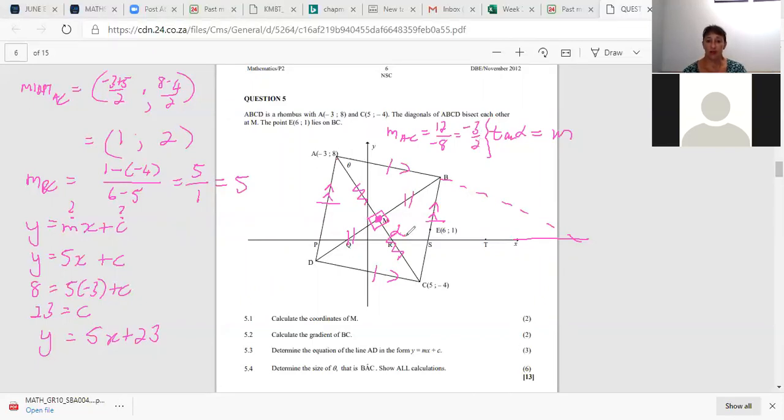So that's the gradient of AC. So tan alpha would equal minus 3 over 2. All right, and we don't put the negative into the calculator. We go shift tan 3 over 2 to find the reference angle. If somebody could please just tell me what that angle would be. So shift tan 3 over 2.